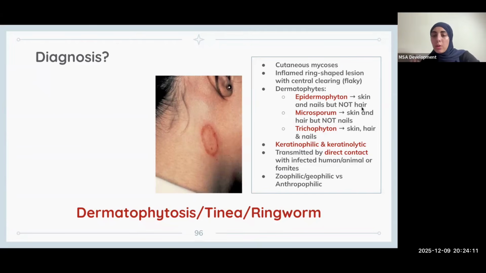All right. And the only thing you need to know here is that the anthropophilic one, since it's in humans and it's used to the human environment, okay, it causes a more chronic infection because it can stay there. It's used to the environment. But the other two, because they're not used to being in a human, cause an acute infection and they resolve spontaneously. Okay.